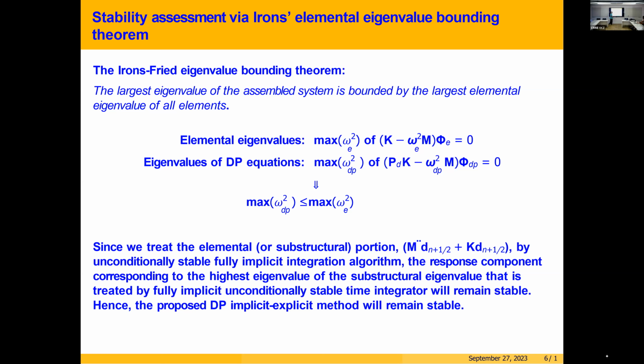That is, the maximum elemental eigenvalue of all the elements is the upper bound of the assembled maximum eigenvalue. Okay? What that means is very important.